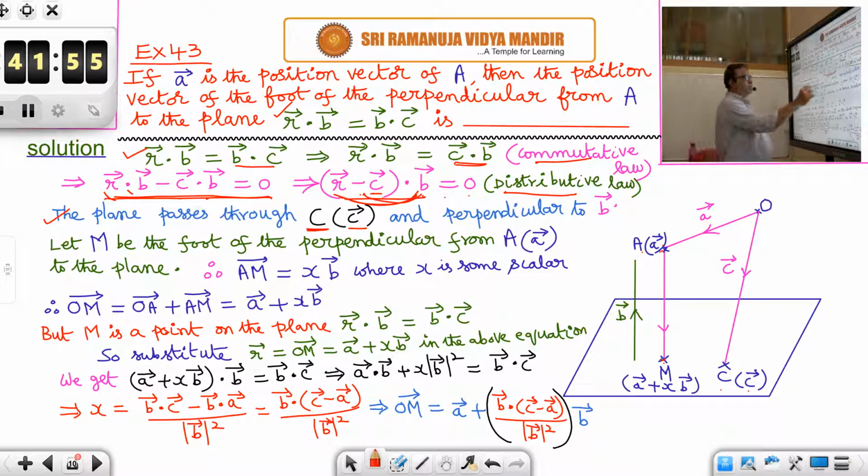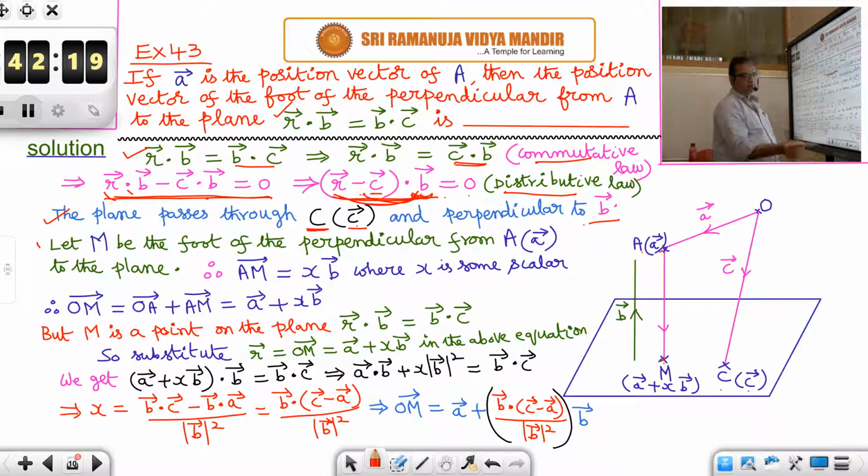So this is a plane passing through this point and perpendicular to this vector B bar. Okay. So this is our standard equation. R bar minus A bar dot N bar is equal to 0 means the plane passes through A bar and perpendicular to N bar. So it is perpendicular to which vector?